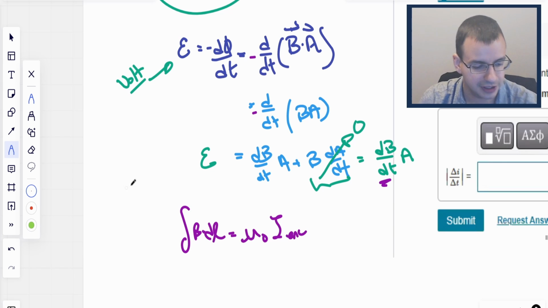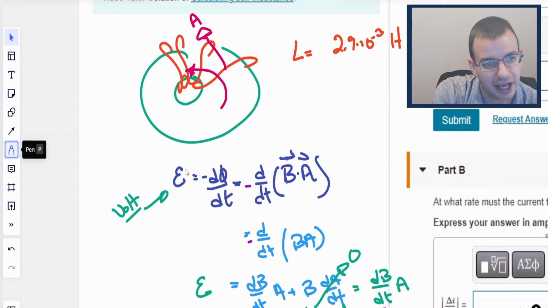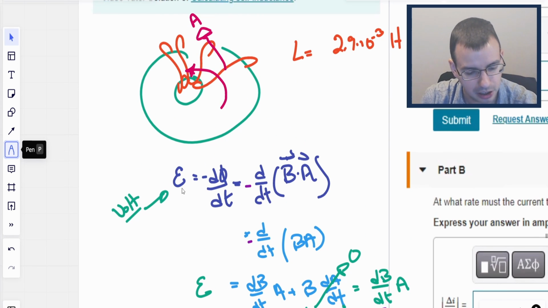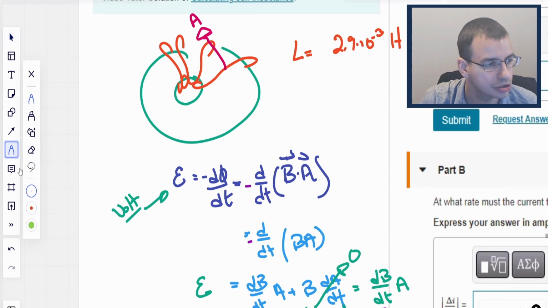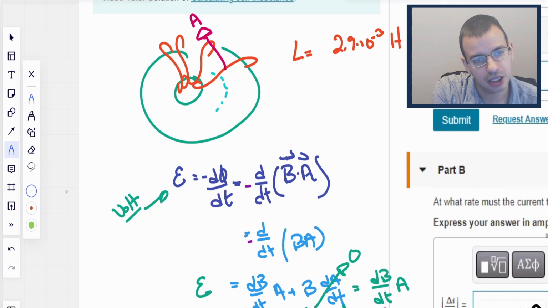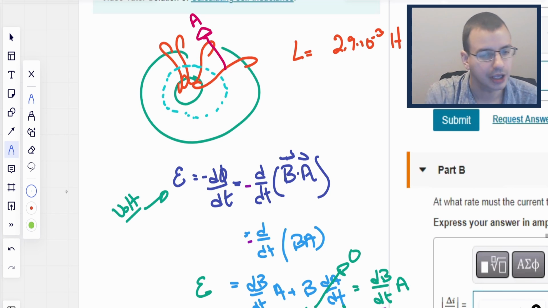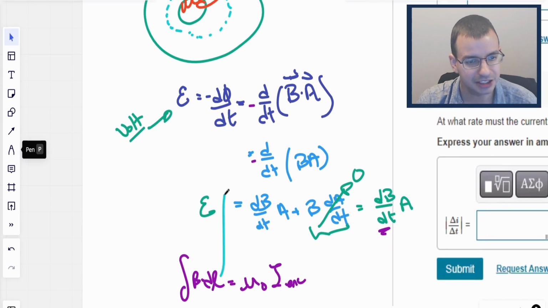And so what we do for this is we have this coil that's wrapped like a donut. We take an enclosed loop, that's a circle, and that is going to be our integral of dl.